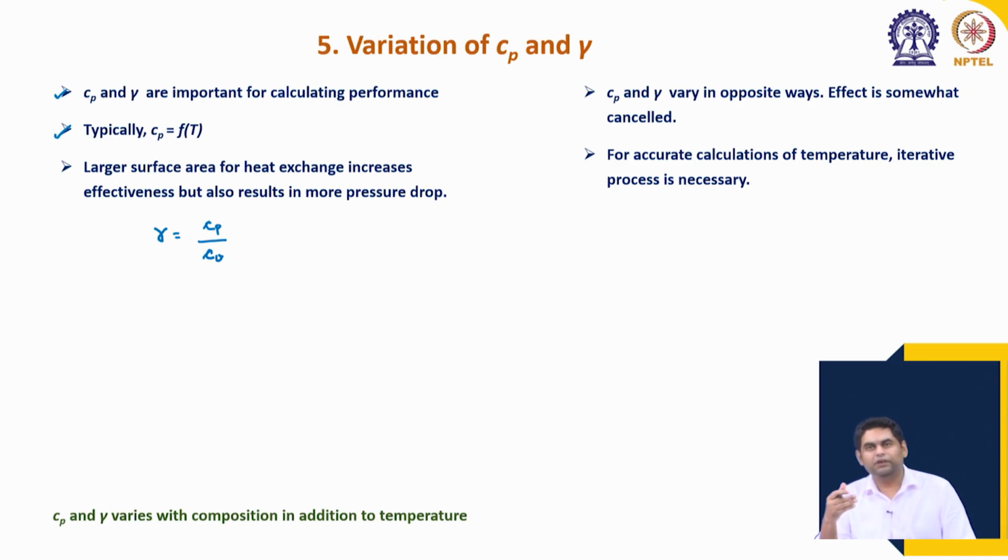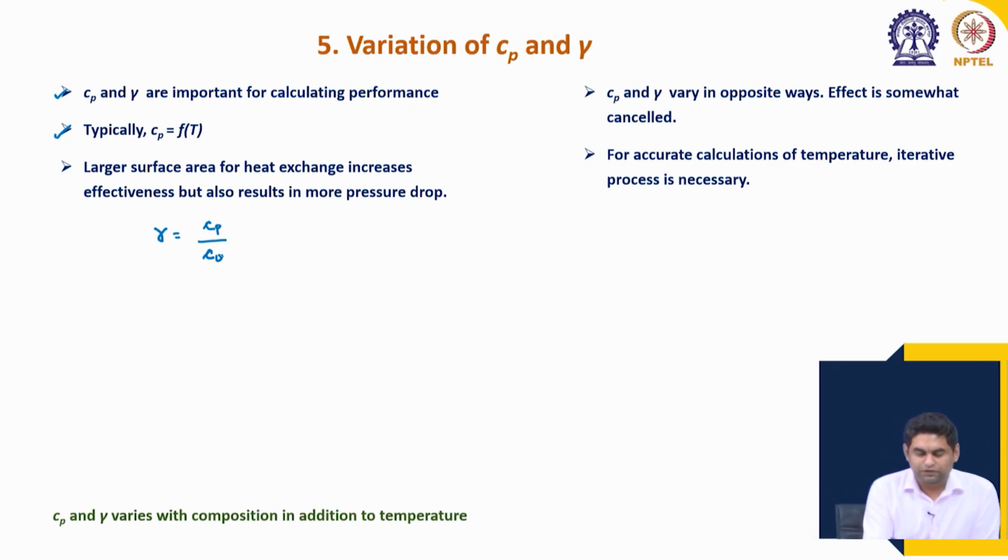We know that gamma depends on the nature of the gas, whether it is a monoatomic gas or a diatomic gas. For combustion products we have carbon dioxide plus water vapor, which have more atoms per molecule as compared to, say, O2 and N2. As a result this is going to change, and also Cp variation will itself affect the gamma value.